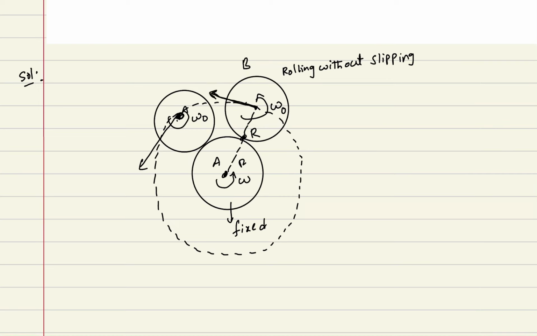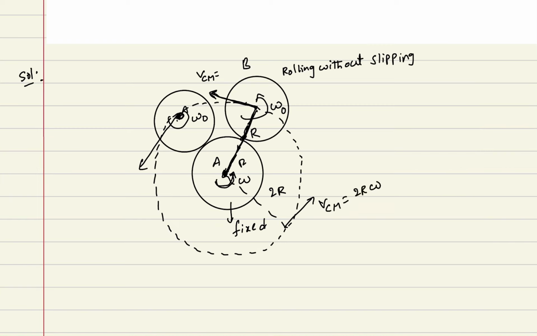Now if we see at any point, the velocity of the center of mass of B can be written as follows. You can see the total radius of this circular orbit is 2r.